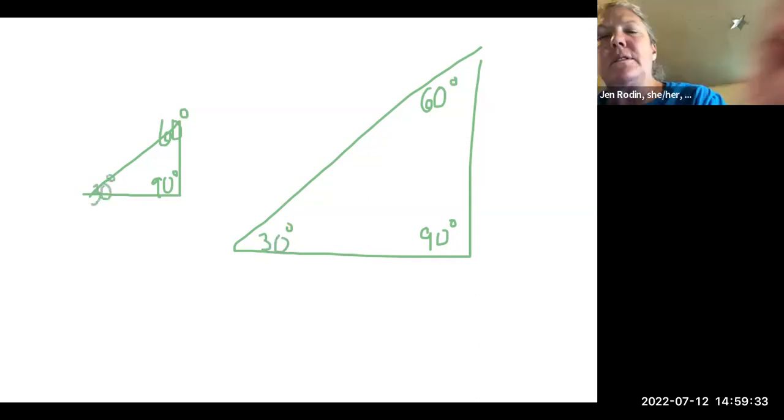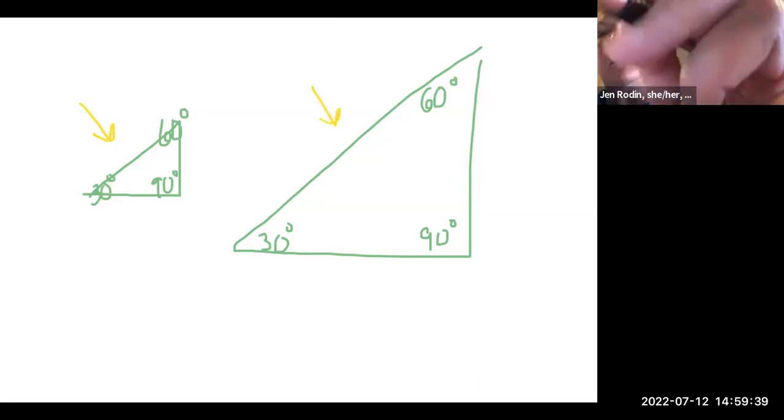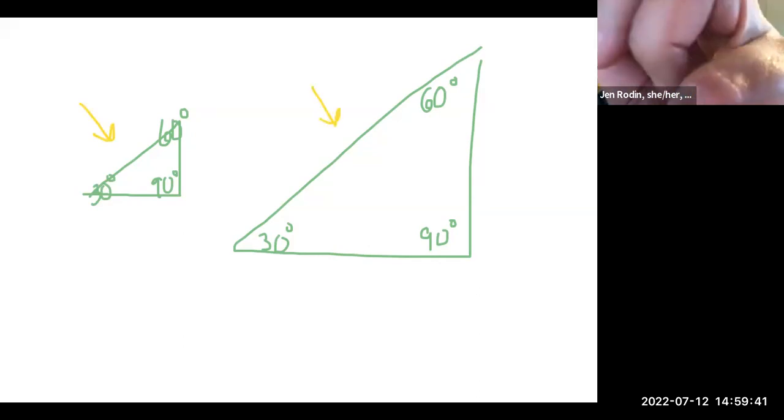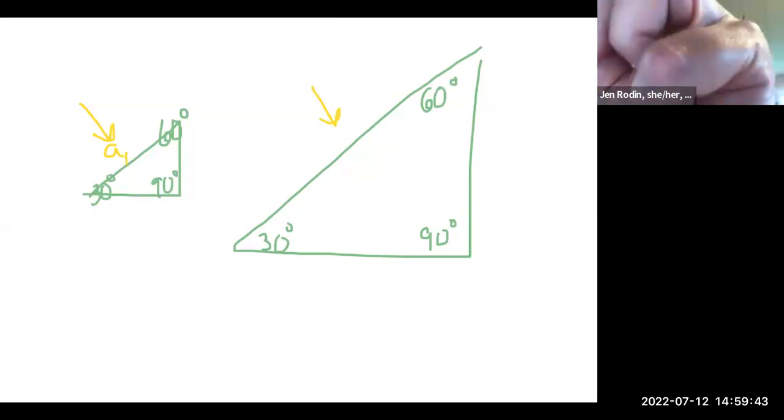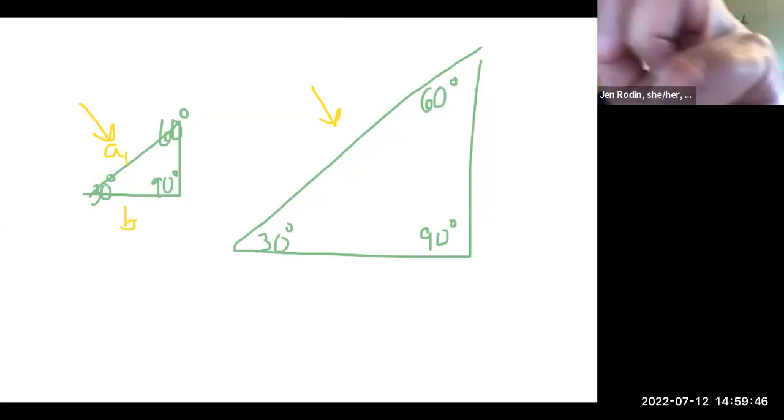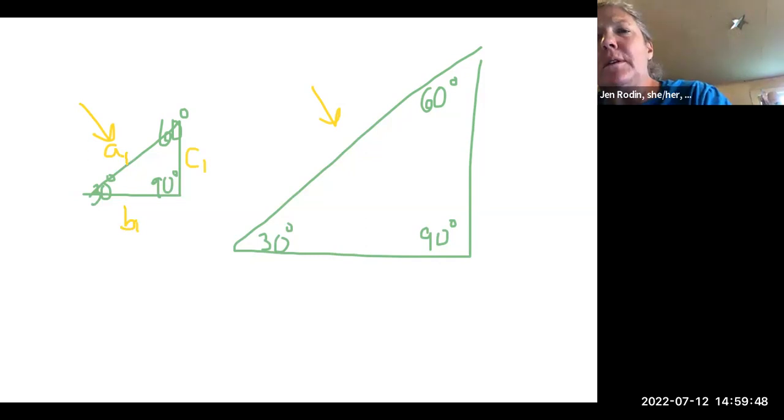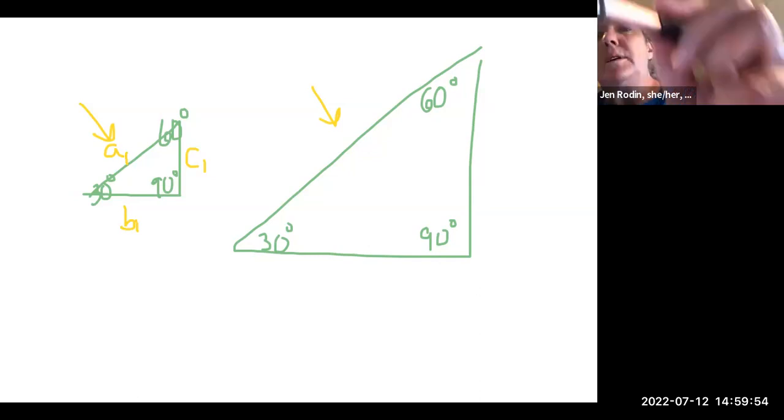So the angles are exactly the same size. The sides obviously are not, but let's call those A1, B1, C1, and this would be A2, B2, and C2.